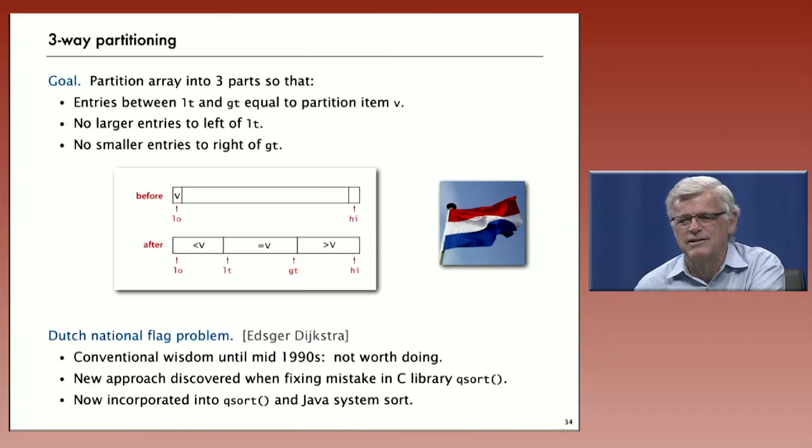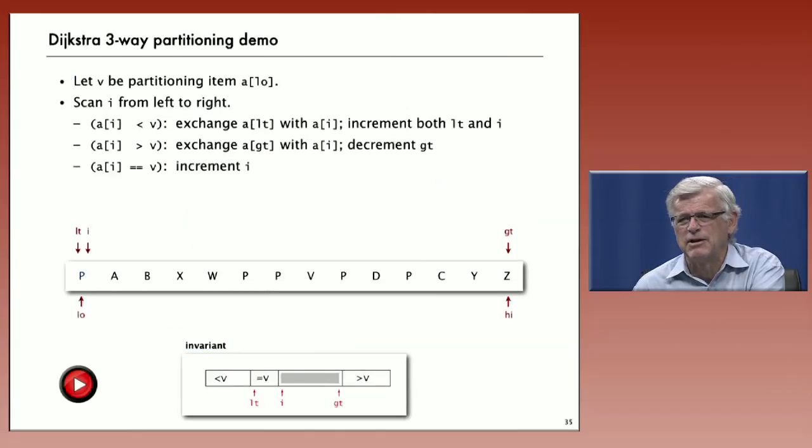But in the 1990s, we figured out that really this was going to be an effective way to sort. And this was taking a look at the qsort that a user found was broken. And now this method is incorporated into plenty of system sorts. So let's take a look at how it works with the demo.